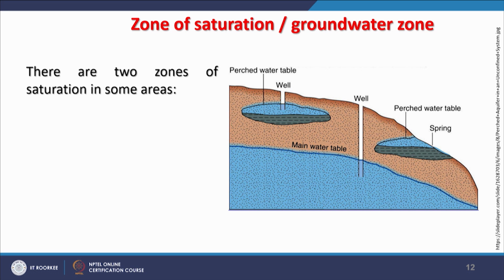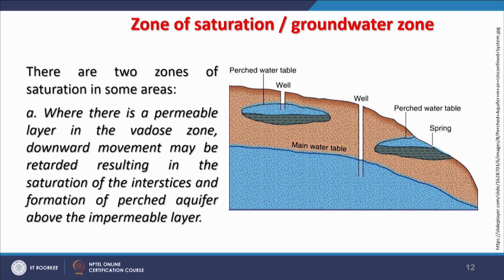There are two zones of saturation in some areas, depending on the geological and topographic conditions. One is where there is an impermeable layer in the vadose zone, and the downward movement may be retarded, resulting in the saturation of the intersects and formation of a perched aquifer above the impermeable layer. So, here the water table is shown, the saturated zone is shown in blue and the rest is not saturated, but in between you have conditions where that part is saturated.